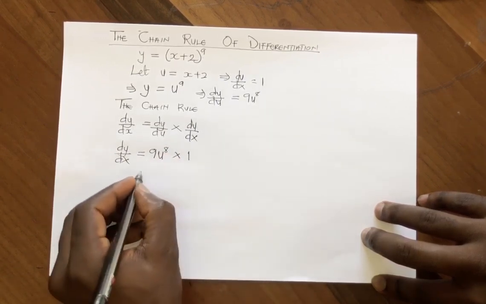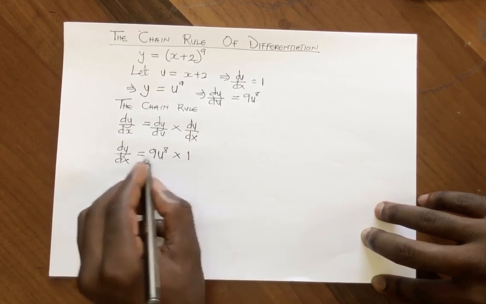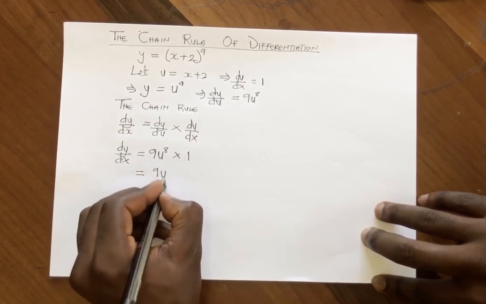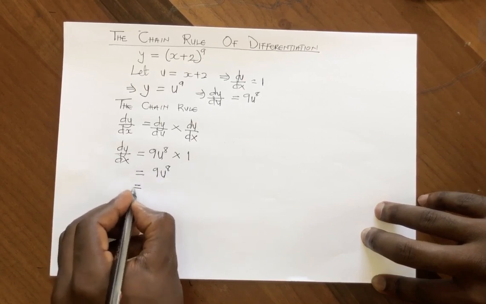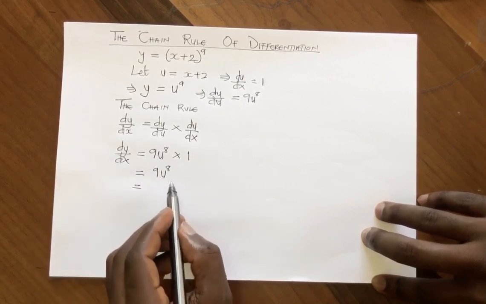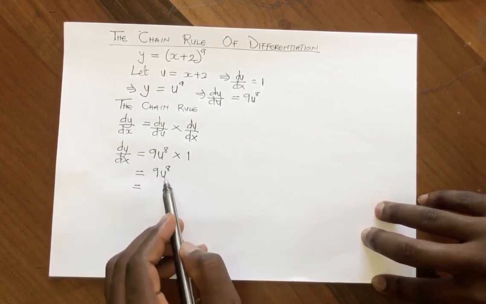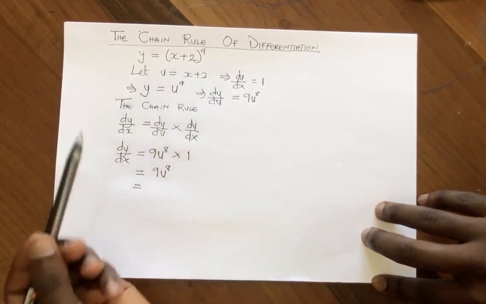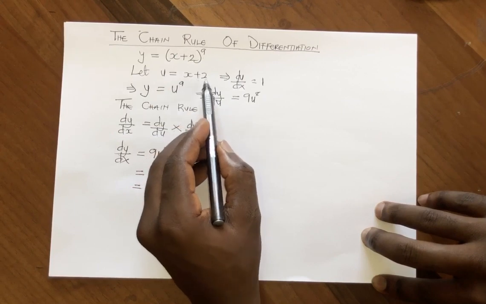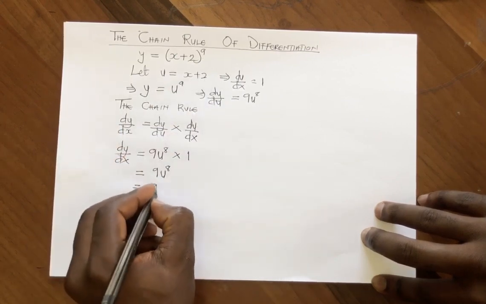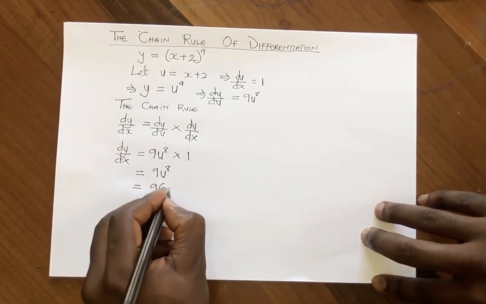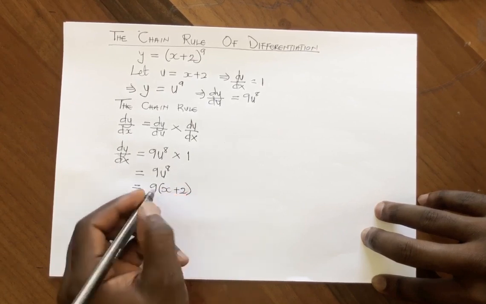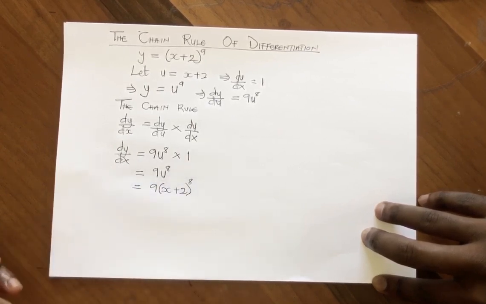So times 1, and 1 times 9 is still 9. So you have this. But don't stop here. Why? Because the question didn't come with u. You brought that definition. So what is u? u is x + 2. Therefore, you have 9 into bracket (x + 2) raised to the power 8, and you are done.